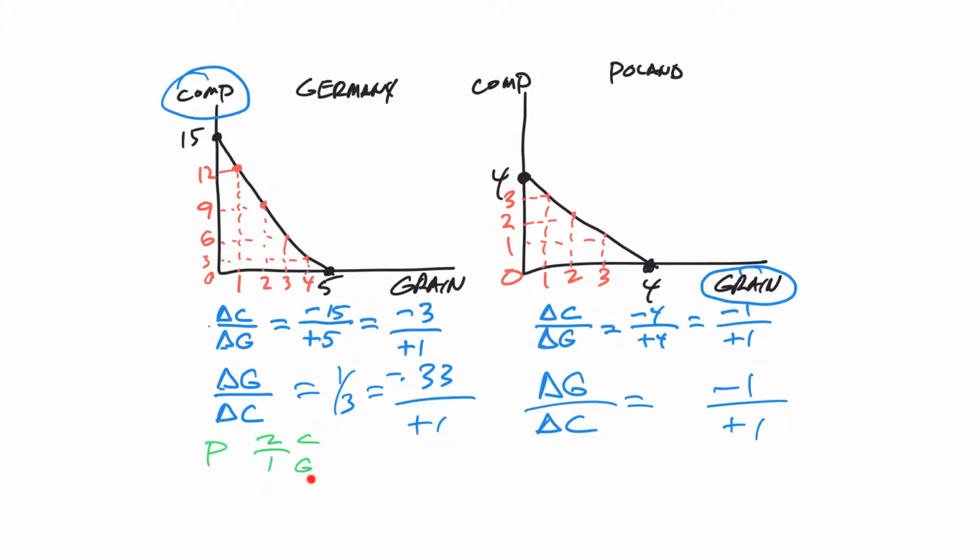Well, they can buy that grain for 2 computers. So where does that leave them? They start with 15 computers. They trade away 2. That leaves them with 13, right? So they can have that point right there.